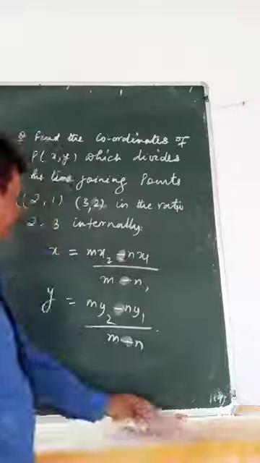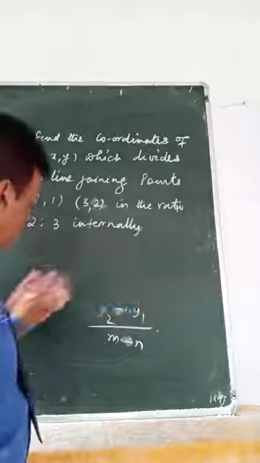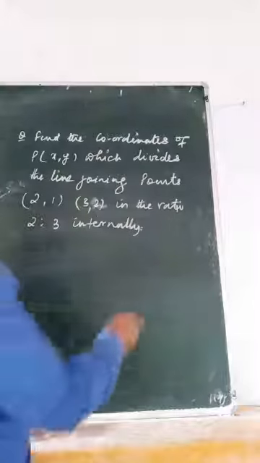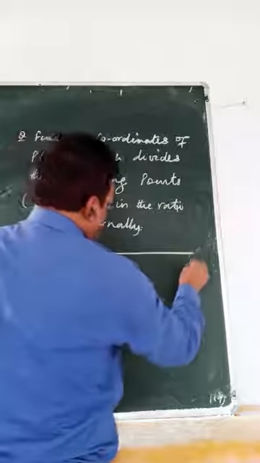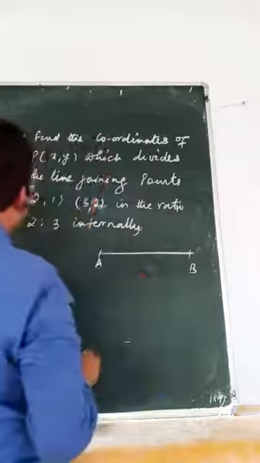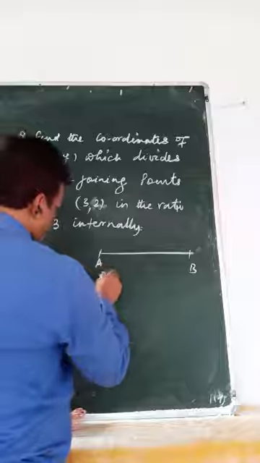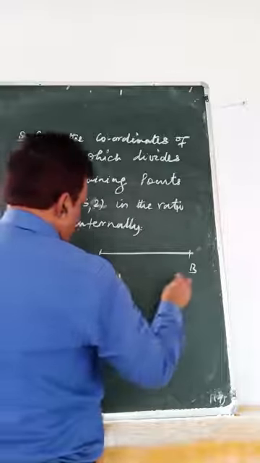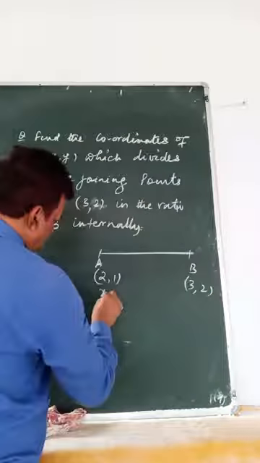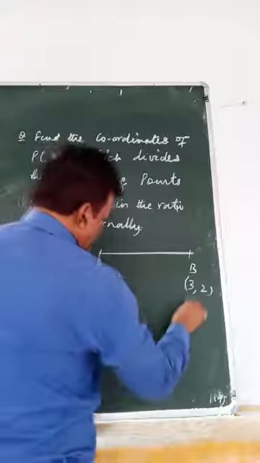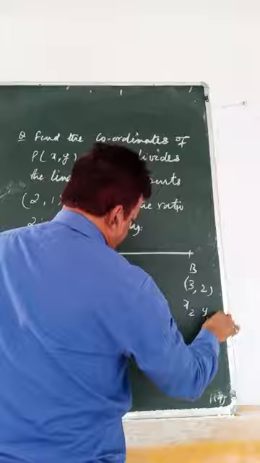Okay, look here. So there is a line, point A, point B. This is 2, 1. This is P2. This you call x1, y1. This you call x2, y2.